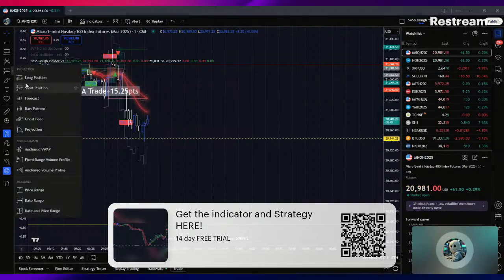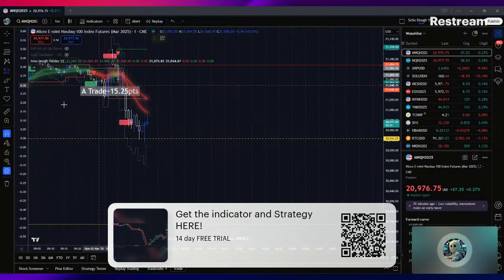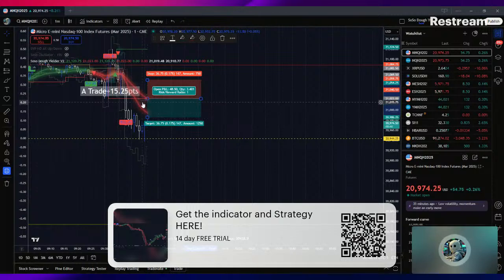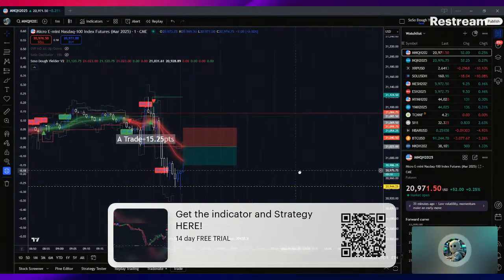Still have my trade sitting at 21.23 currently. It looks like this. We need to mark it up.